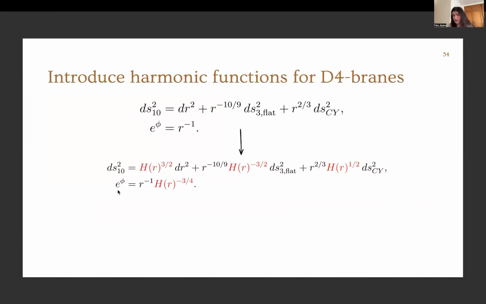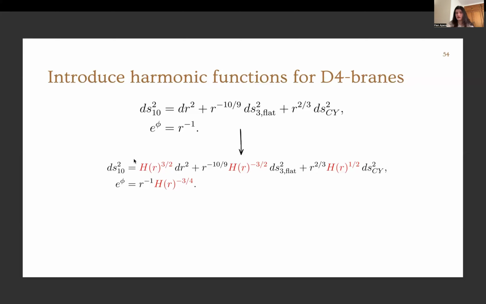So I'll just assign some kind of harmonic functions for the D4-branes, and I'll apply the harmonic superposition rule, and place these in a factorized way on the background.